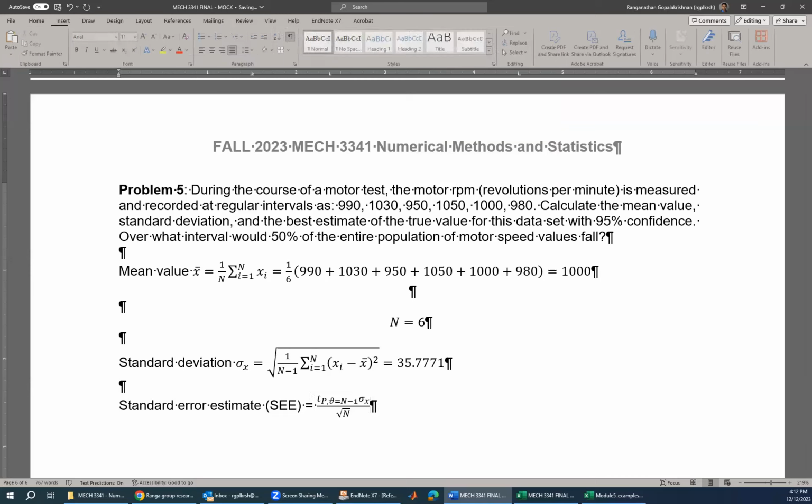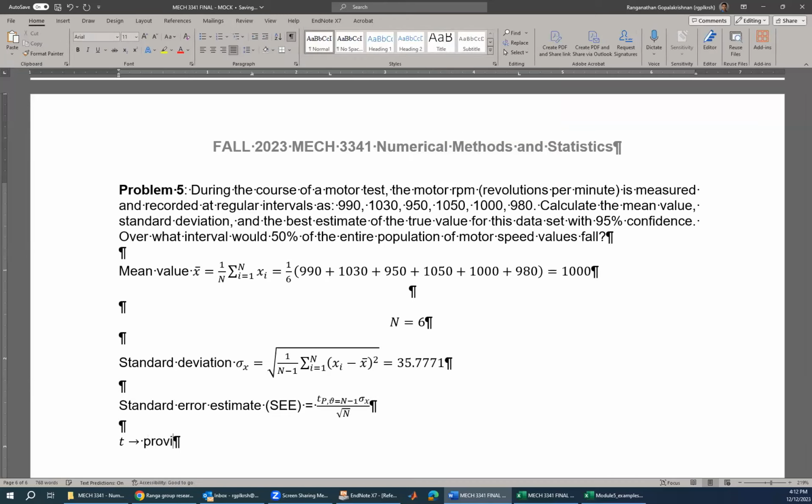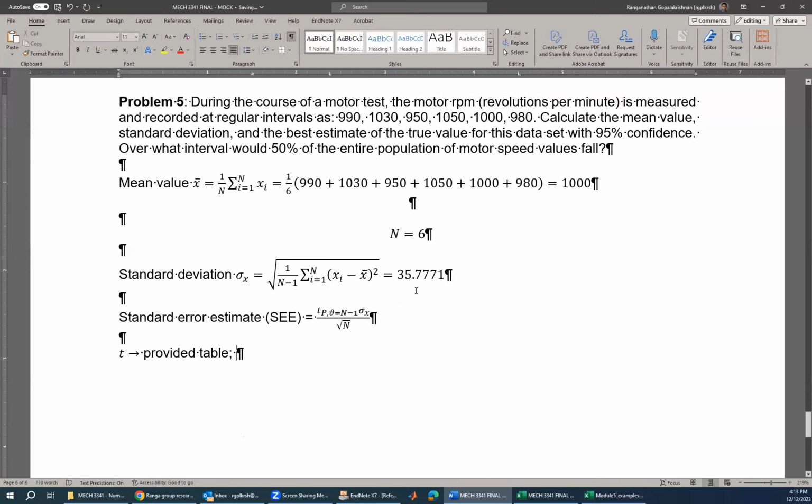So you need to work out what is t from the t table which will be provided, or if this is a problem about normal distribution, that will also be provided.